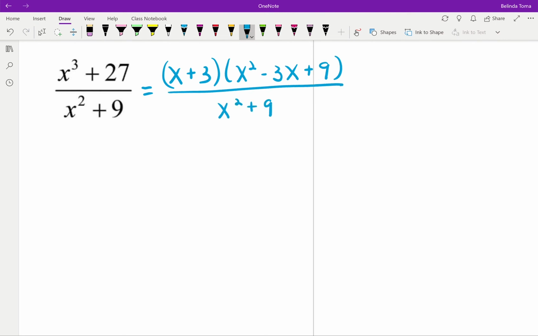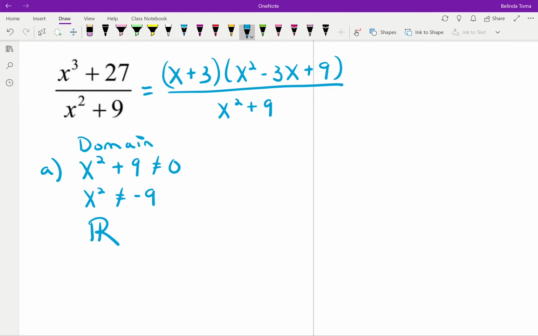So as we've seen before, when we do the domain, if we have a squared term and it ends up being equal to a negative, then we're going to realize that that is not possible, and therefore there are no restrictions. So all real numbers would be the domain. And again, let me put domain at the top here with the A.